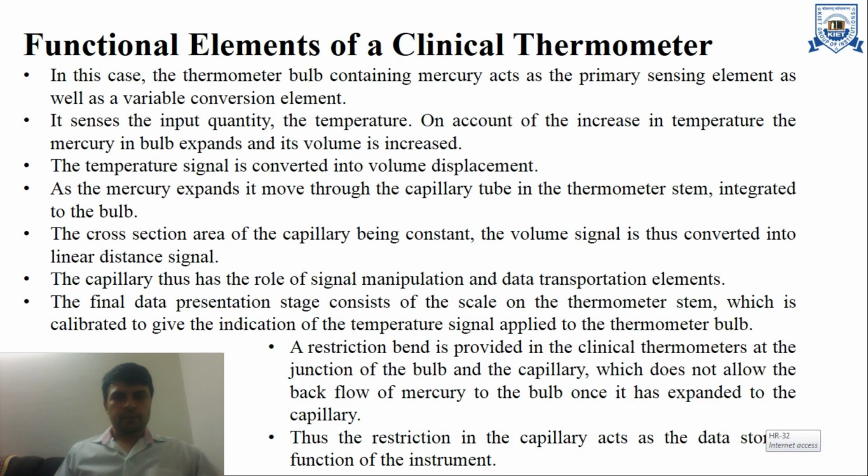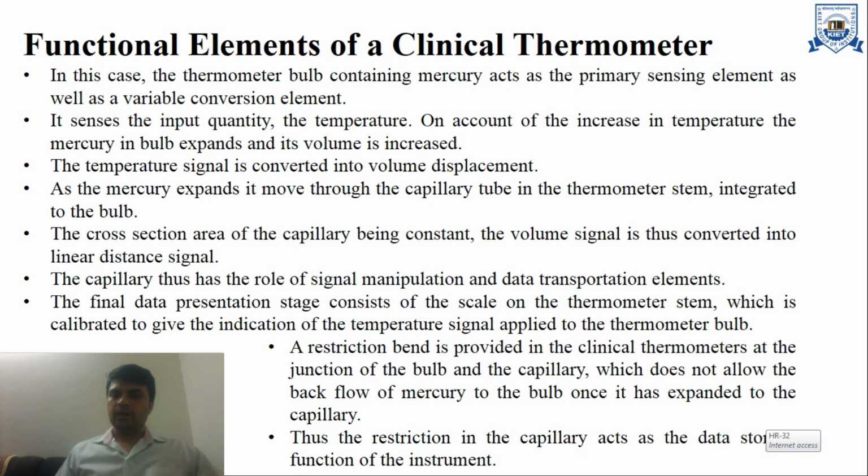Here, the signal manipulation part is performed by the capillary, and it also acts as the data transmission element. The final data presentation stage consists of the scale of the thermometer stem, which is calibrated to give the indication of the temperature signal applied to the thermometer bulb.